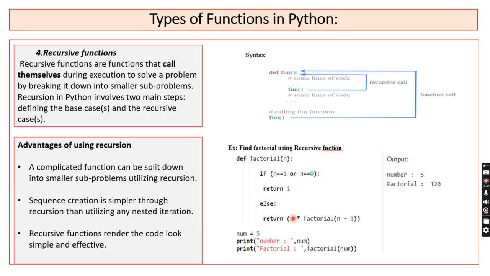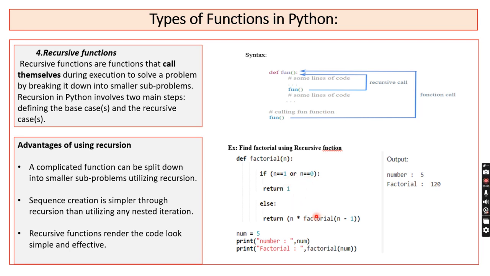This is a simple example for a recursive function. Def is a keyword. Factorial is the function name, and n is the parameter. Then colon. If n is equal to 1 or n is equal to 0.